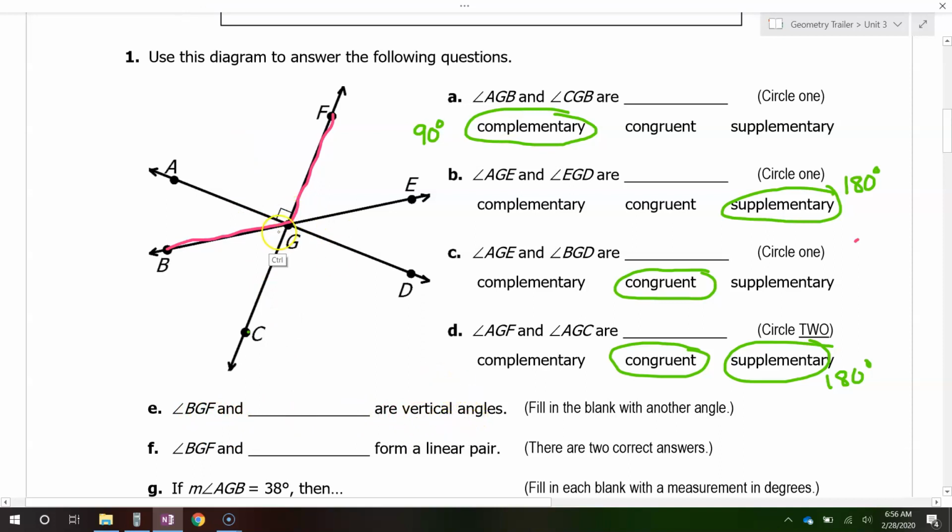So vertical angles have to make an X. So I need to take these two sides that I already have and I need to make an X. So I can make the X by extending the lines that already exist. So CBG, if I extend BG out, then that begins to form the X. Look at FG. If I continue FG, then that's going to make the X.